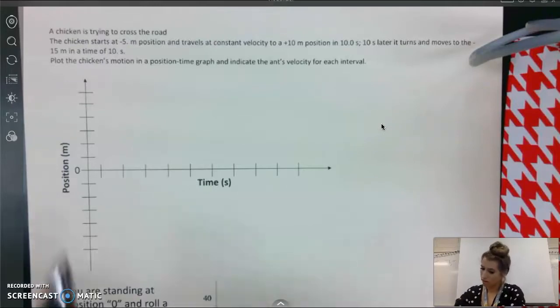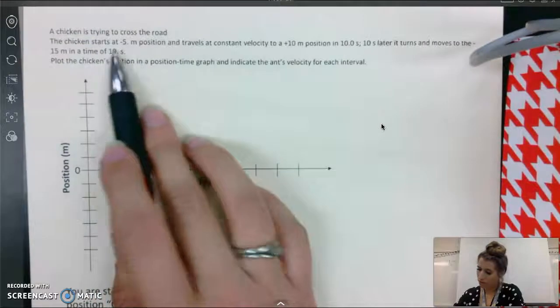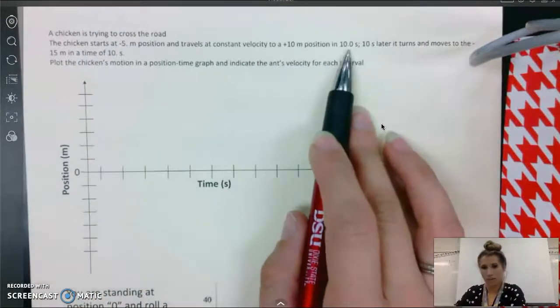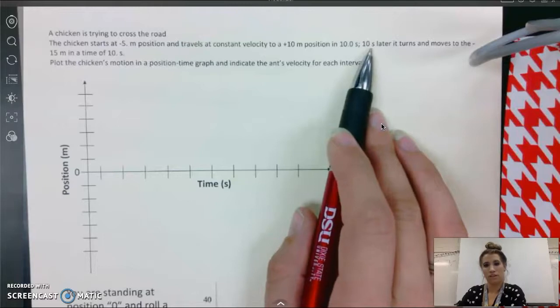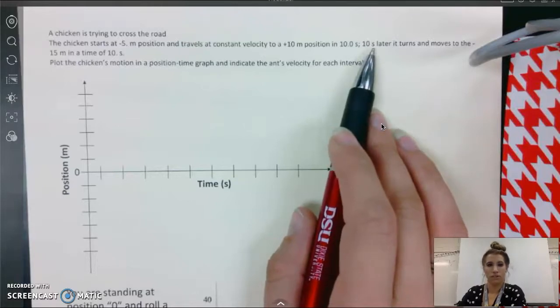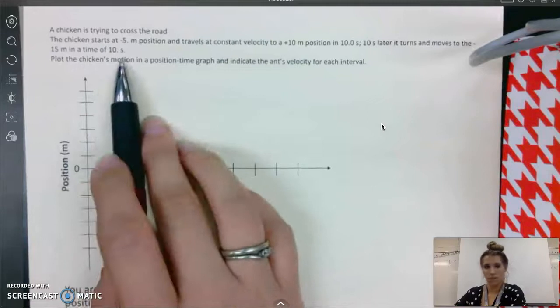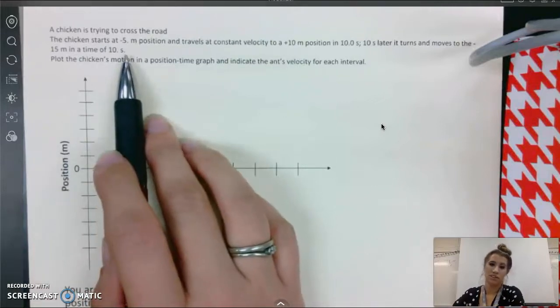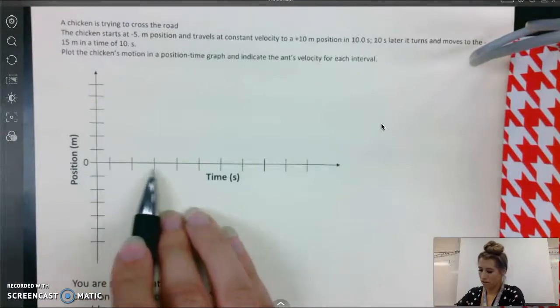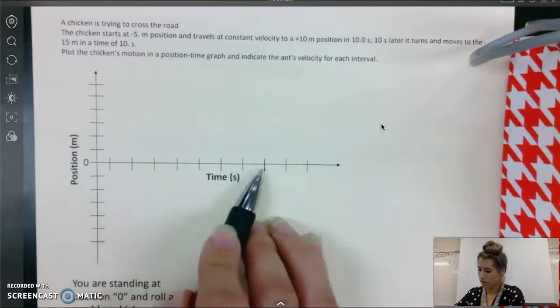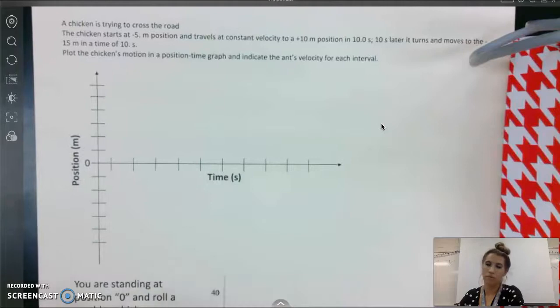Let's look at this. First, it's traveling this distance in a matter of 10 seconds, and then we wait 10 more seconds before it turns around and then moves for another 10 seconds. So we have 30 seconds in total. If we did 3, 6, 9, 12, 14, 16, 18, 20, 22, 24, that wouldn't be enough.